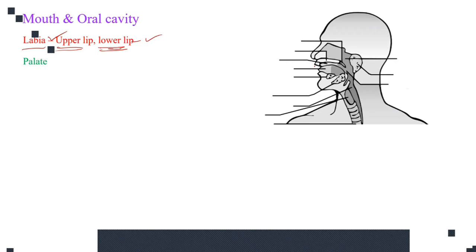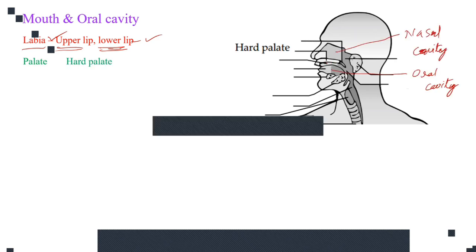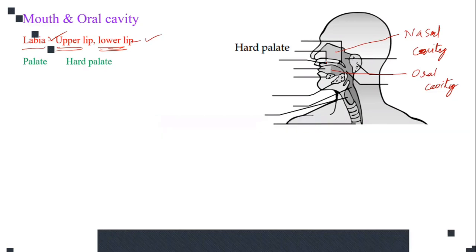And this oral cavity is separated by a wall. The part which is hard and located at the anterior part of the oral cavity is called the hard palate. This hard palate has some fold structures at the anterior part called palatine rugae.